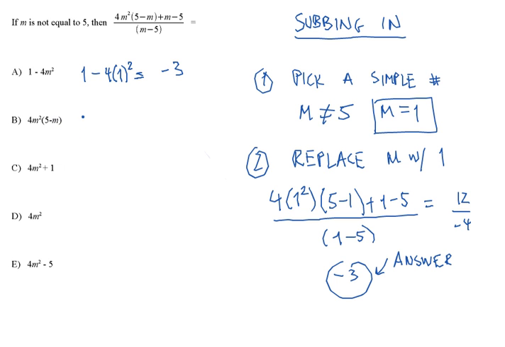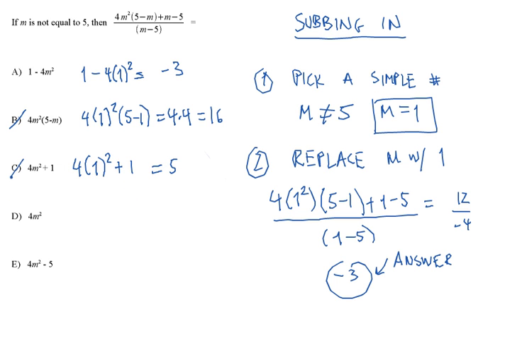Answer choice B here gives us 4 times 1 squared times 5 minus 1, which is 4 times 4, or 16. That's not the answer that we were looking for. We're looking for negative 3. Answer choice C gives us 4 times 1 squared plus 1, which is 4 plus 1, or 5.